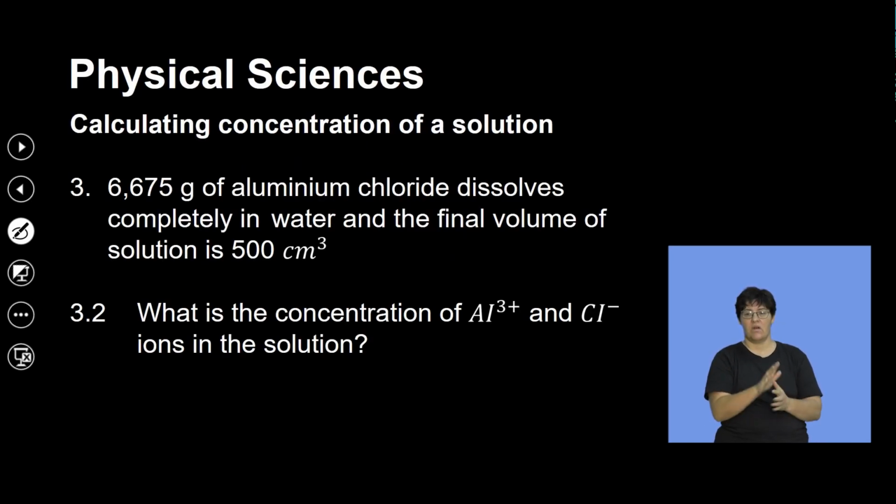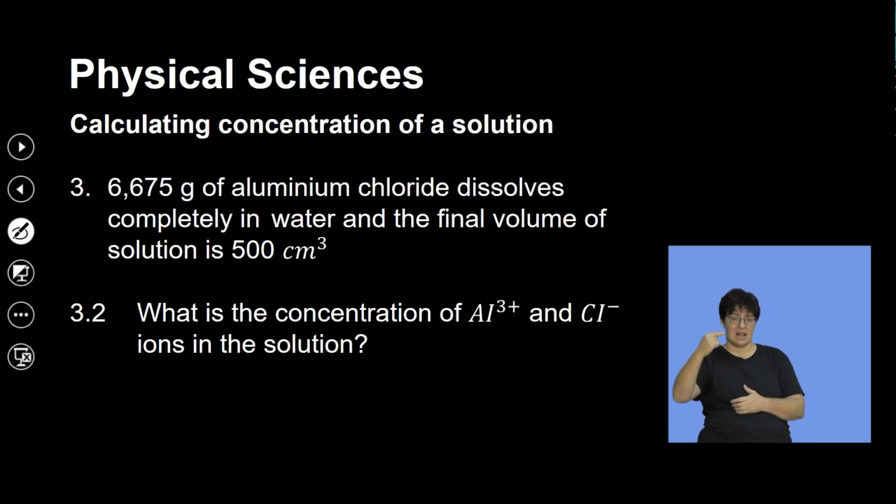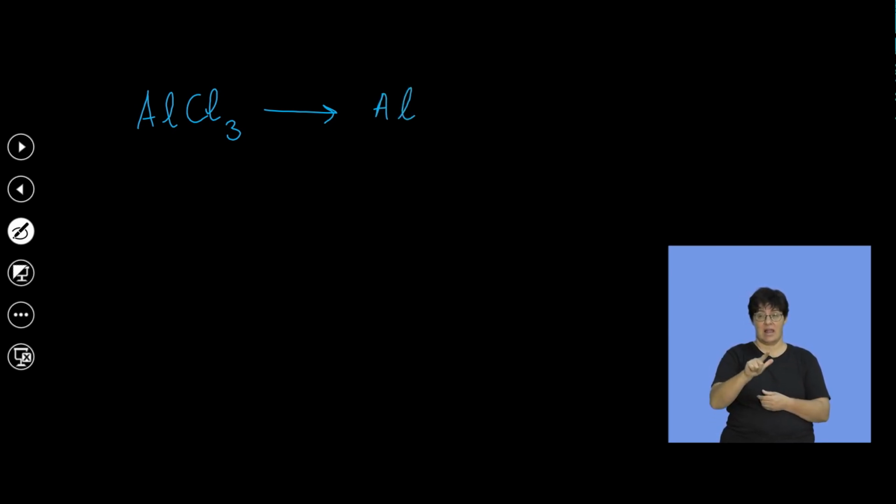Now, the follow-up question says, if this dissolves completely, what is the concentration of chloride ions in the solution? This is an interesting question because we know that aluminium chloride is an ionic substance. So in that solution we have Al3+ and Cl-.